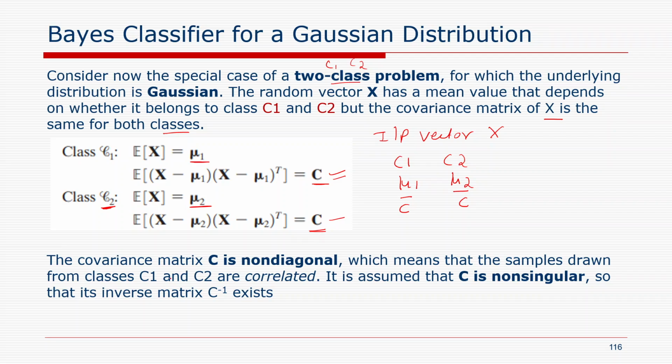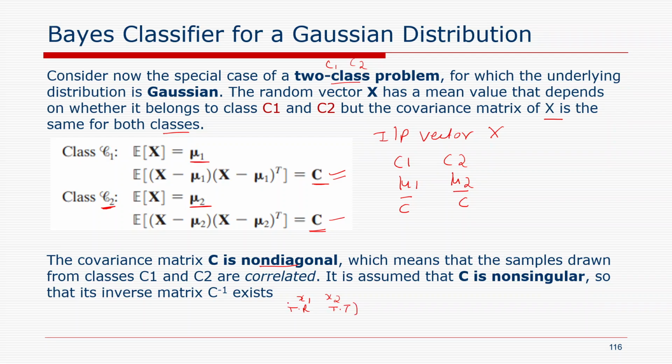And also we'll assume the covariance matrix C is non-diagonal, which means the samples drawn from the classes C1 and C2 are correlated. That is, say it has the features x1 and x2, where x1 is the tumor radii and x2 is the tumor texture.